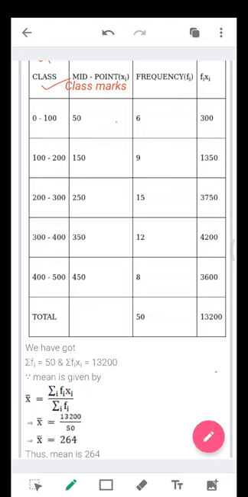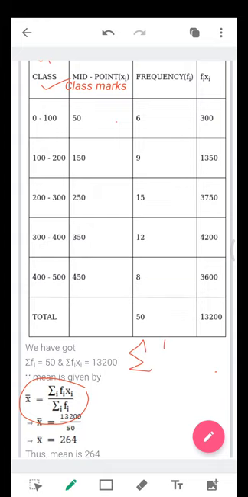Now the formula for this method, direct method, is same like the previous one, that is sigma fi xi by sigma fi. Now, how do we get sigma fi?